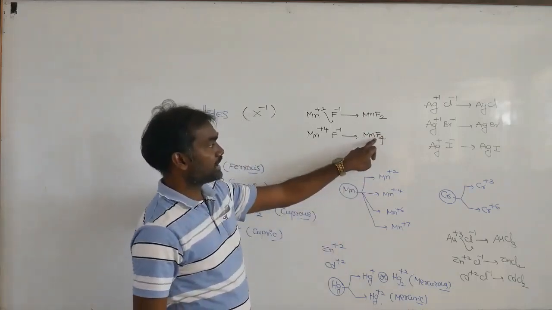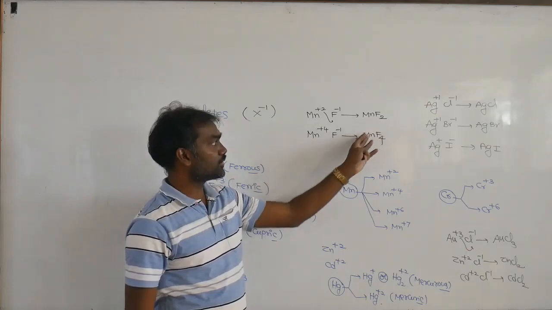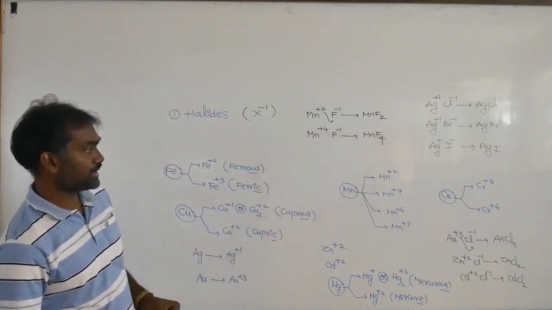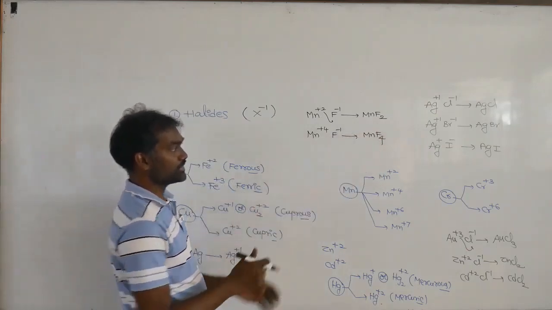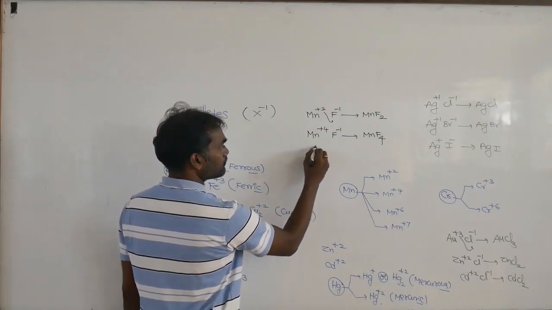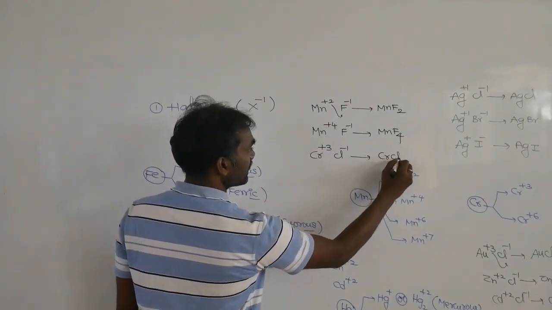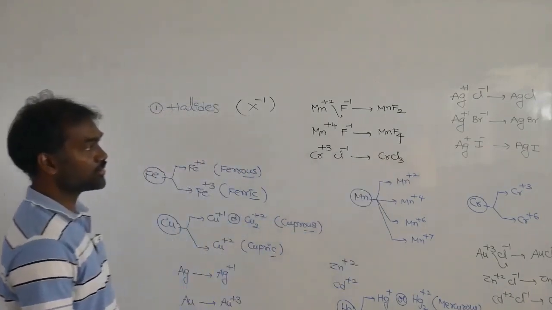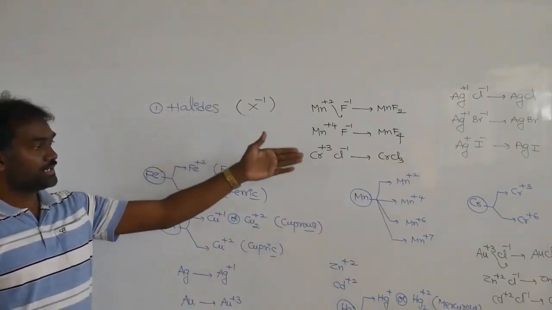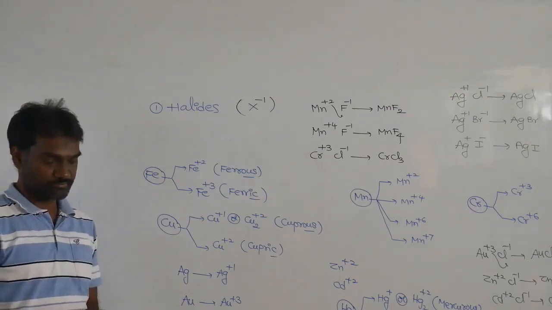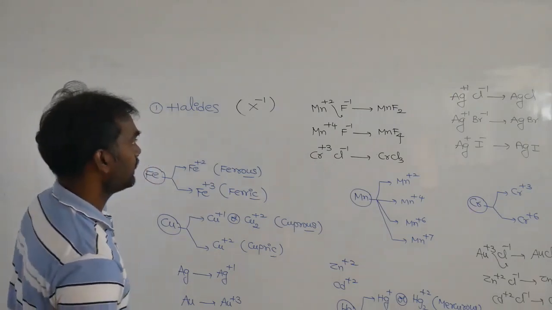So manganese tetrafluoride, manganese difluoride. Like that you can take. Suppose chromium is there. Chromium plus 3, Cl minus 1, so CrCl3, chromium chloride. These are the halide examples. Next.